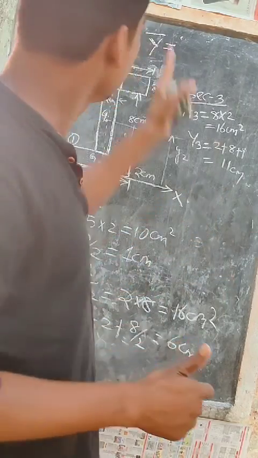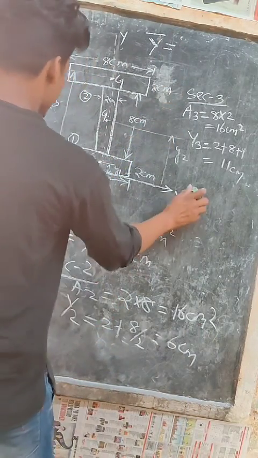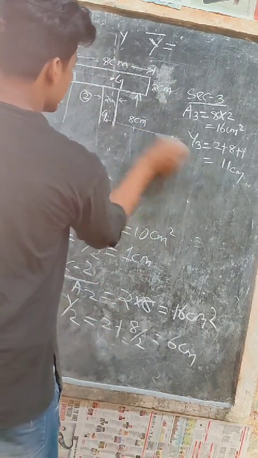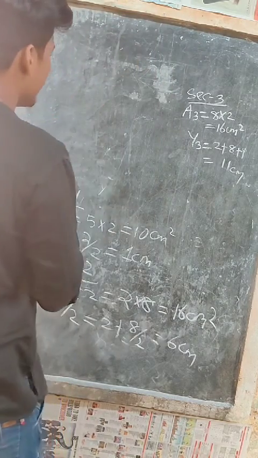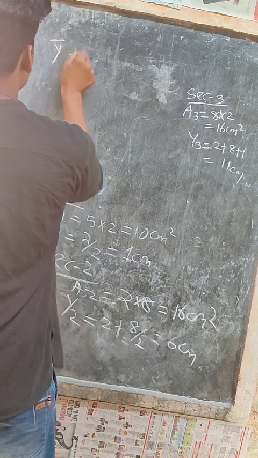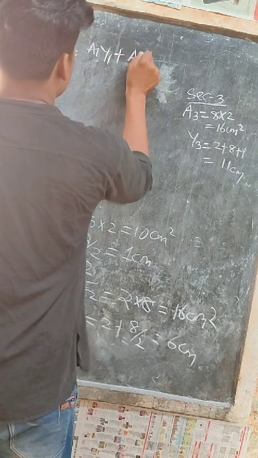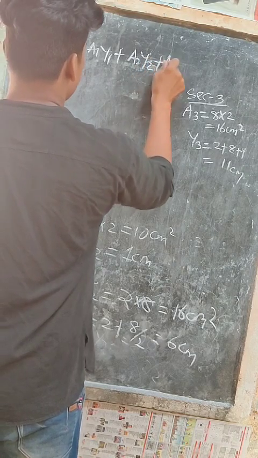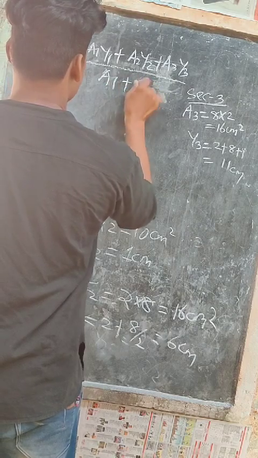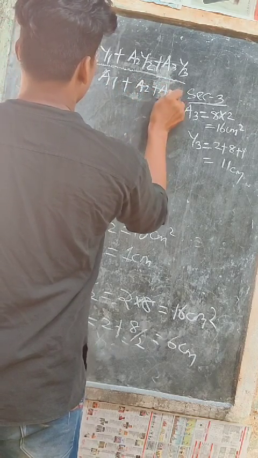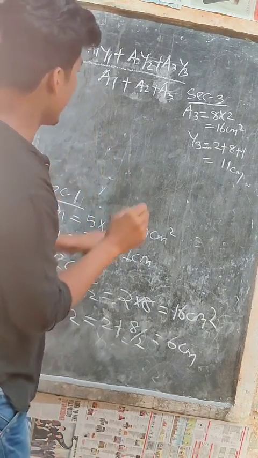Now coming to the CG formula, Y bar, then you can find out the CG here. The formula for Y bar is A1 Y1 plus A2 Y2 plus A3 Y3 by A1 plus A2 plus A3. Now A1, what is A1?